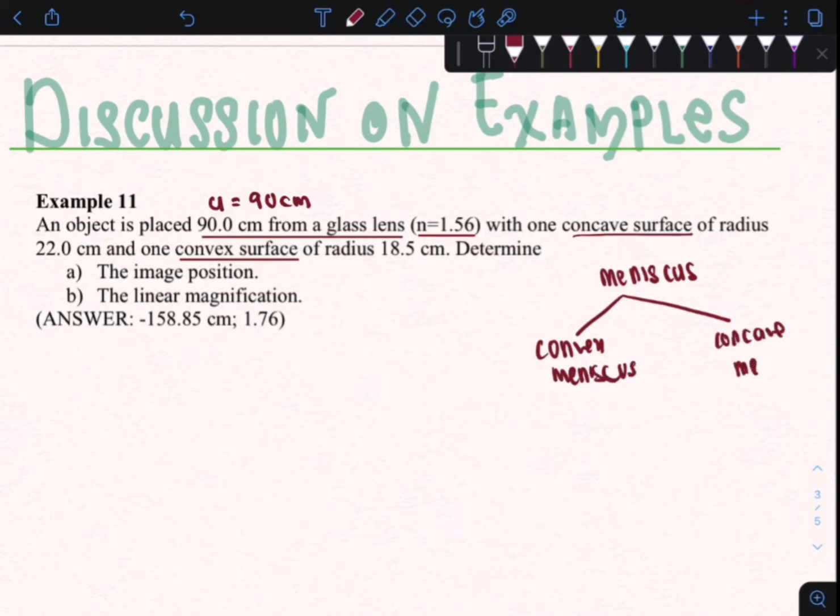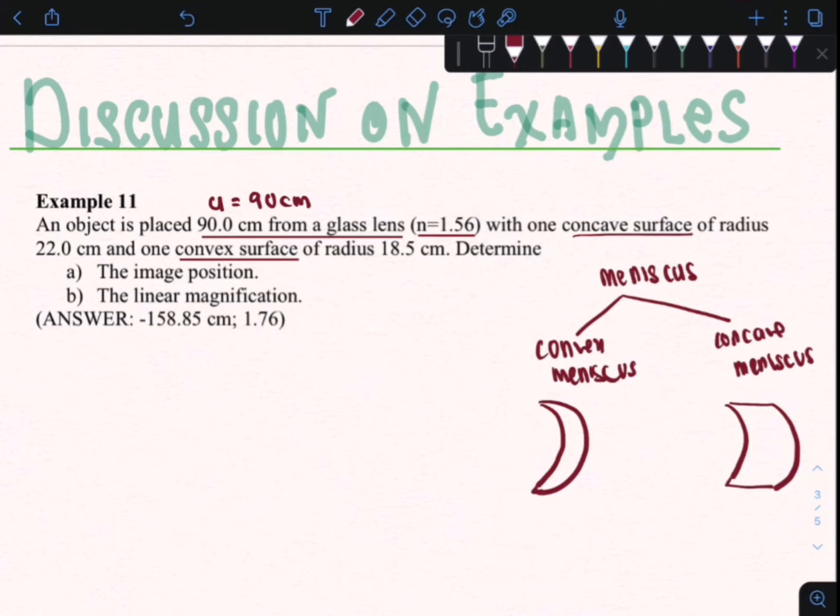The shape of a convex meniscus is like this. The shape of a concave meniscus is something similar to that. Okay, this is your concave meniscus.